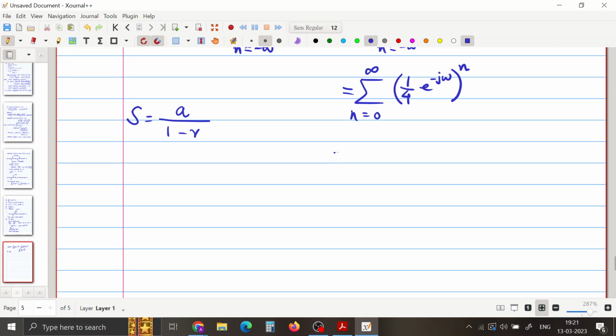So if you do this, it's simply 1 by 1 minus 1/4 e power minus j omega.